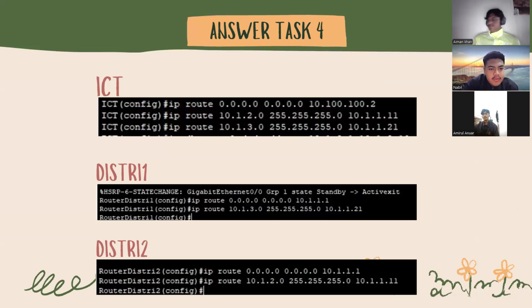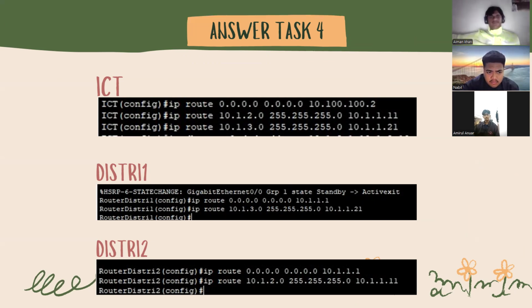For ICT, we have 3 IP routes. So the first one is ip route 0.0.0.0, the subnet mask is 0.0.0.0, and the next hop IP is 10.100.100.2. So the second IP route for ICT is 10.1.2.0. The subnet mask is 255.255.255.0, and the next IP is 10.1.1.11.